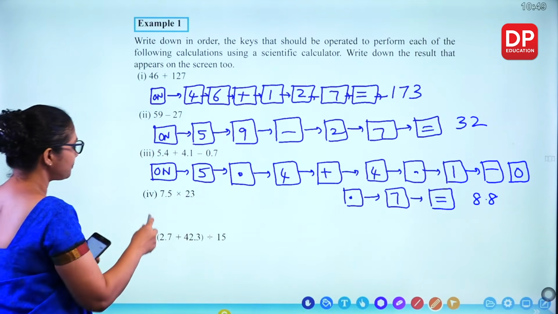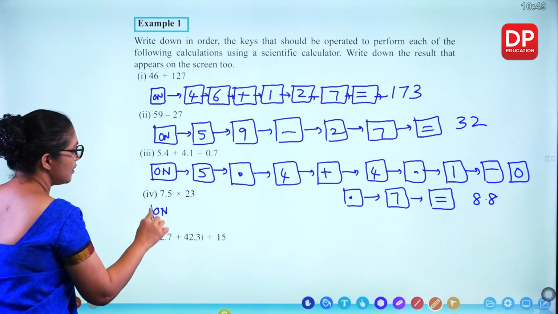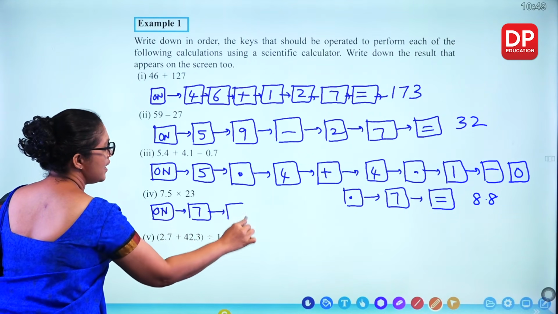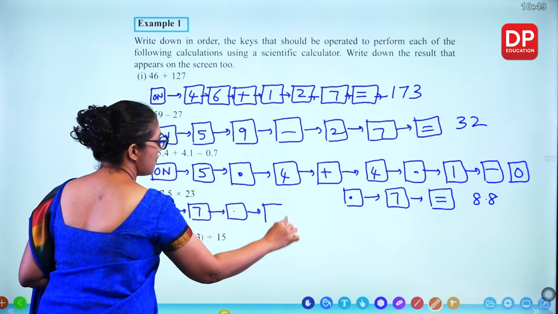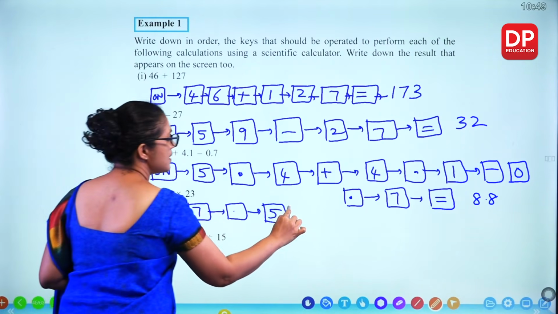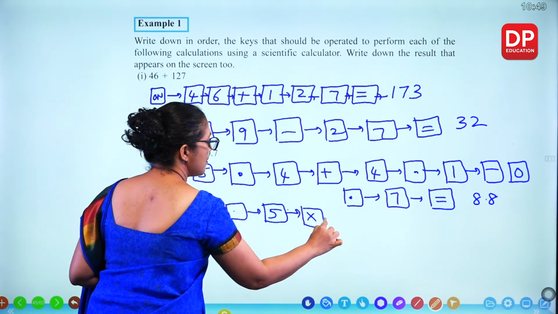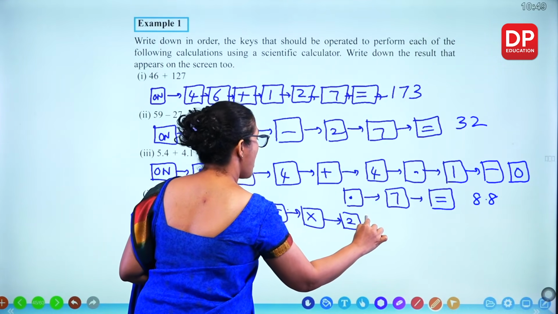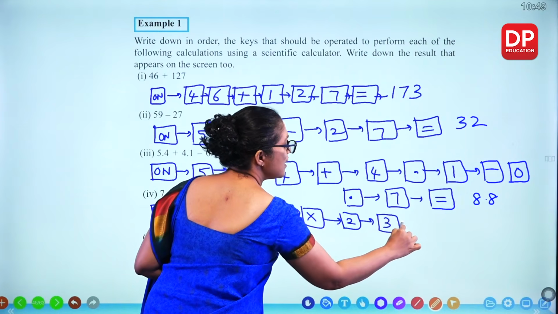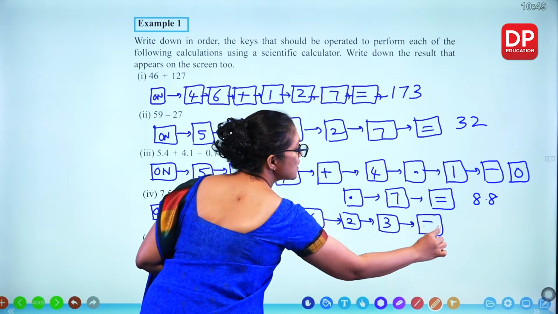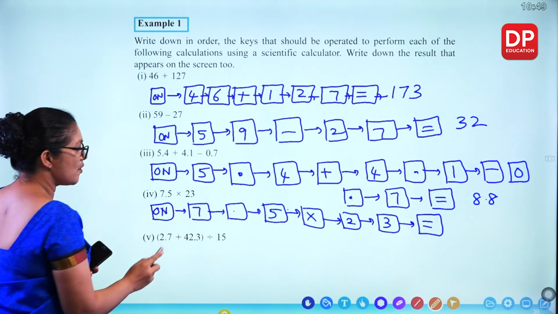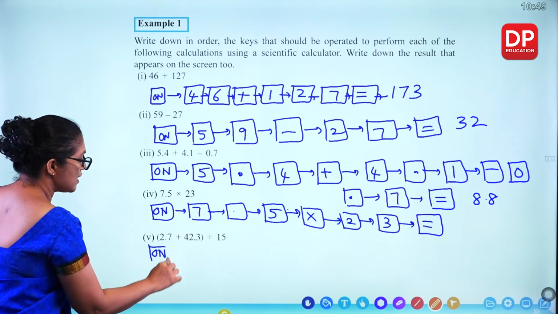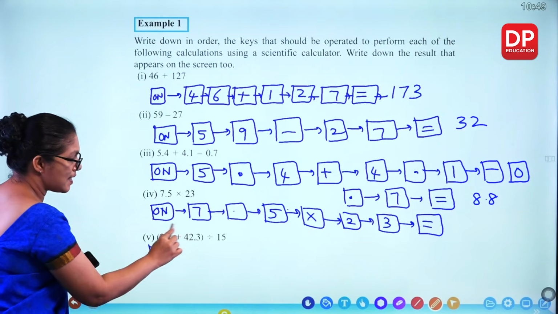Now this one. On, 7.5 multiplied by, the next digit is 2 and then 3, equals. And we'll write down this and then use the calculator. This is on. Now can you see? You have to first do this expression.